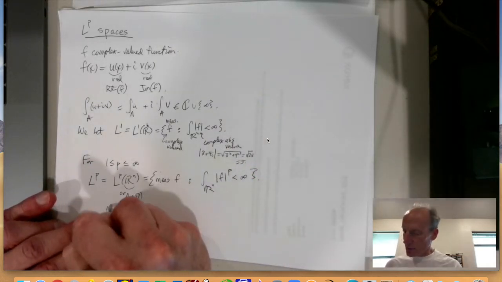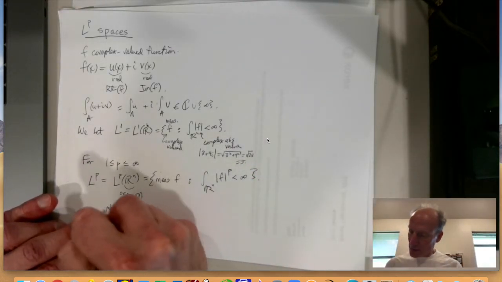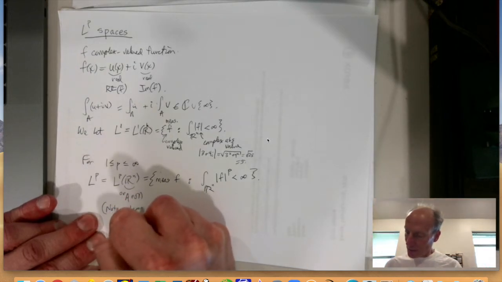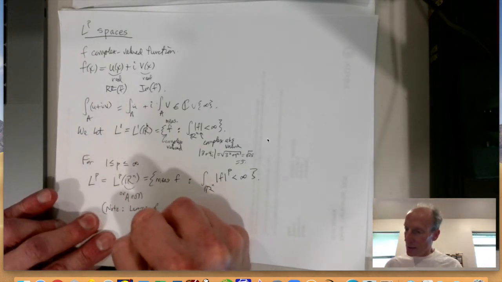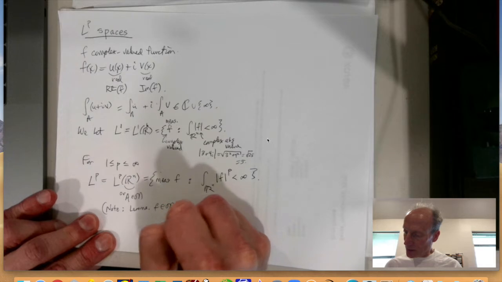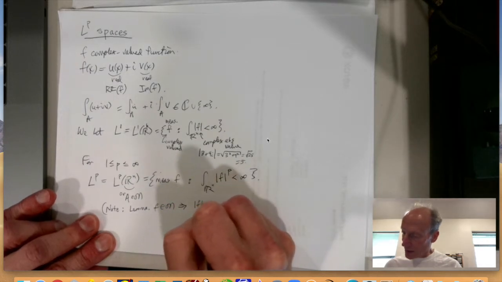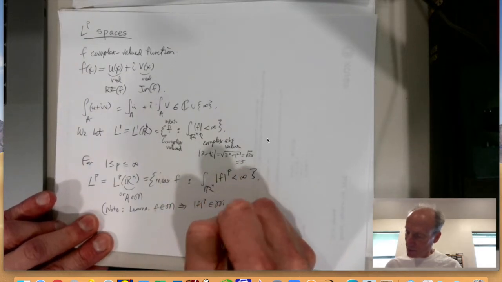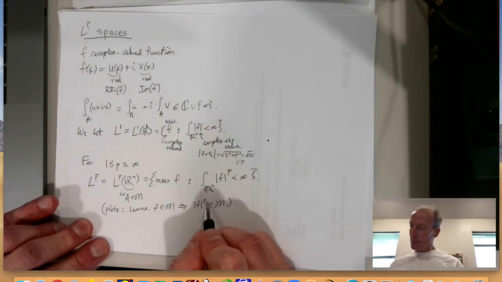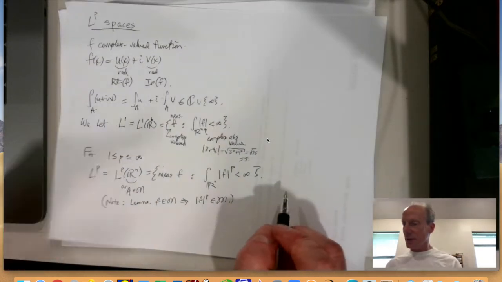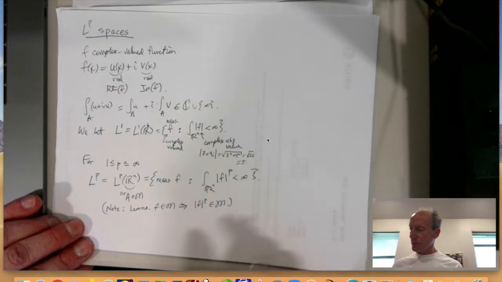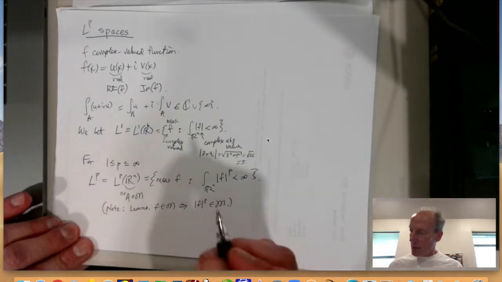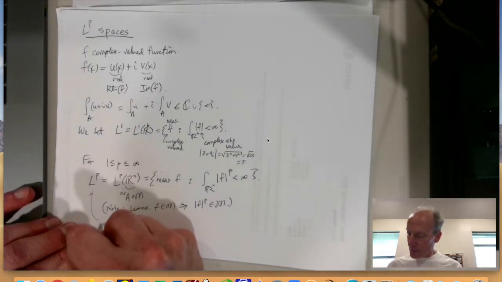Just as a note, this is a lemma: f in M implies that the absolute value of f to the p is in M. We proved this for p equals 1, but it also works for higher p's.